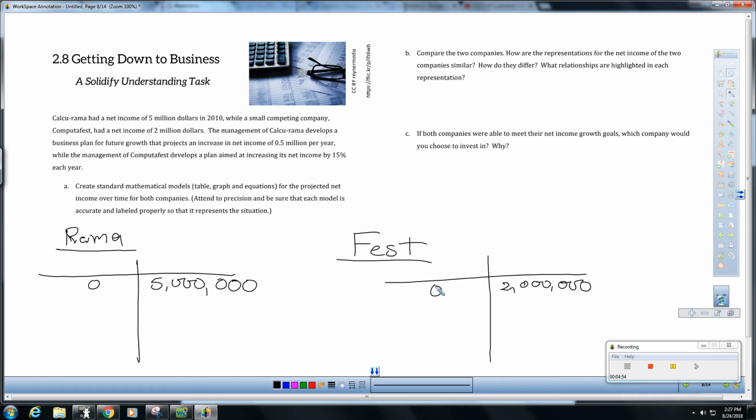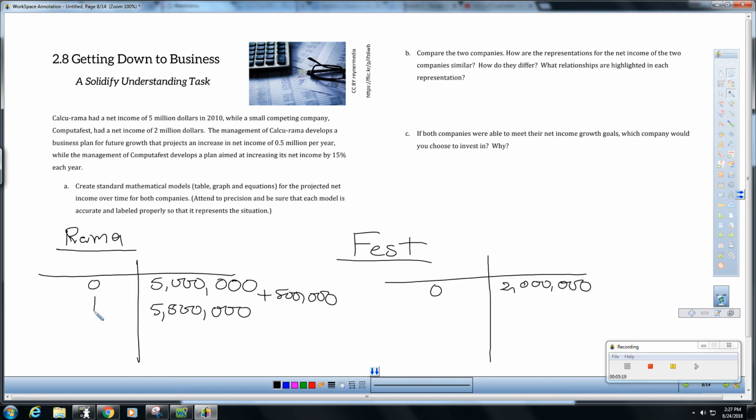Calcularama is going to increase their income by $500,000 per year. So plus $500,000. So the next year they'll have 5,500,000 in income after 1 year.